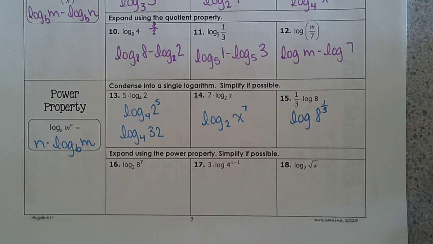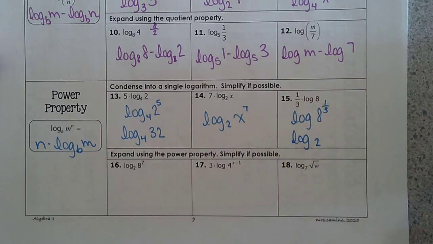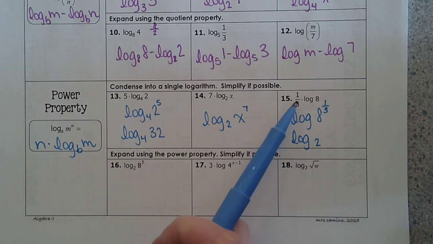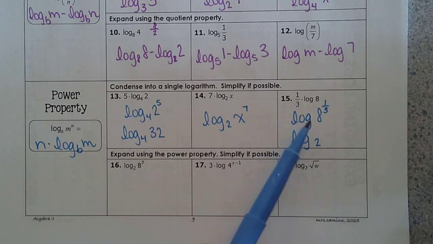But I can do 8 to the 1/3 because that means cube root. And the cube root of 8 is 2. So this is log of 2. And this is another one I could check because I could type this whole common log in my calculator.